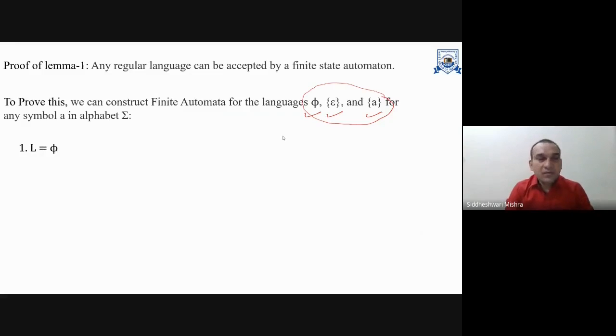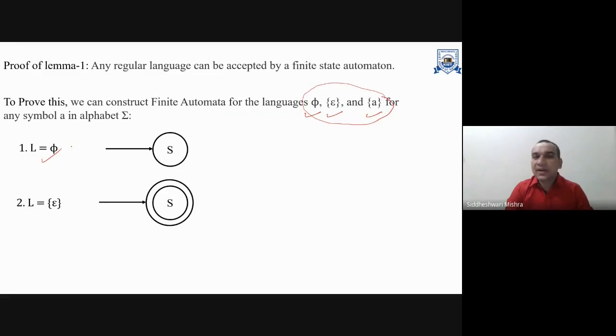If you want to construct a finite automata for L equal to phi, we simply construct a starting state, and this starting state becomes your phi. Next, if you want to construct epsilon, then your starting state becomes your final state.